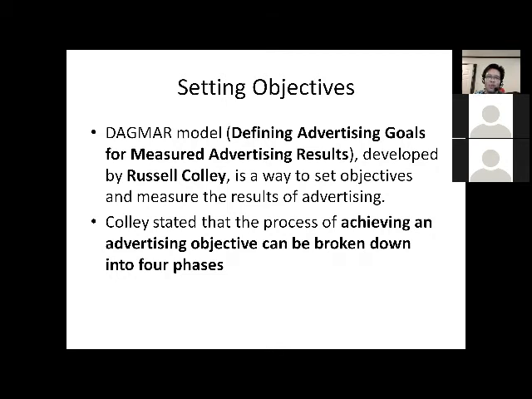Colley stated that we can achieve an advertising objective by breaking it down into 4 phases. So let's look at the 4 phases according to the Dagmar model.